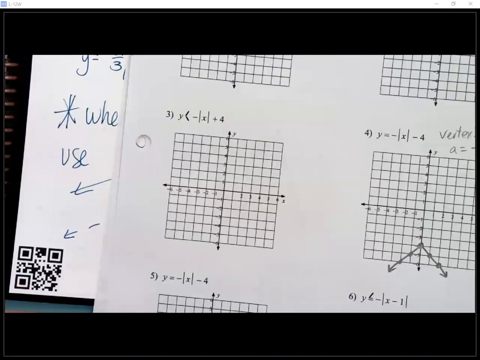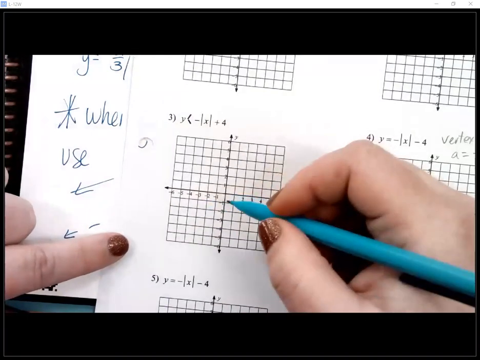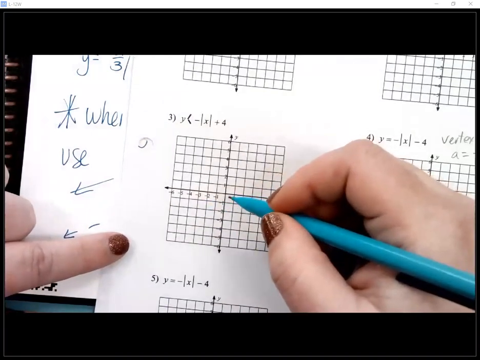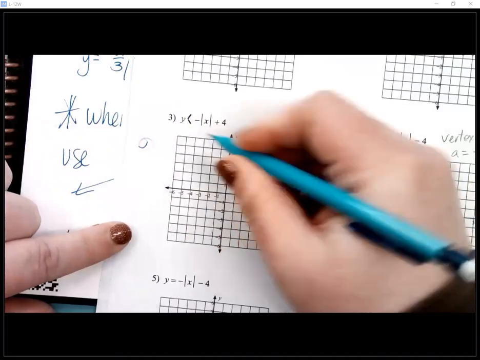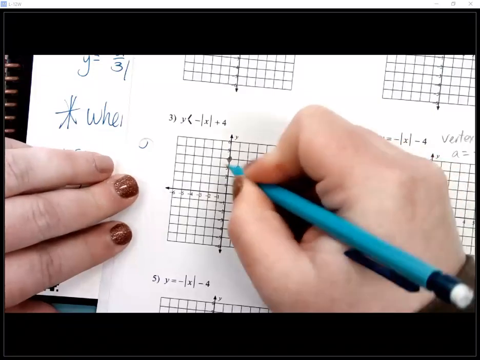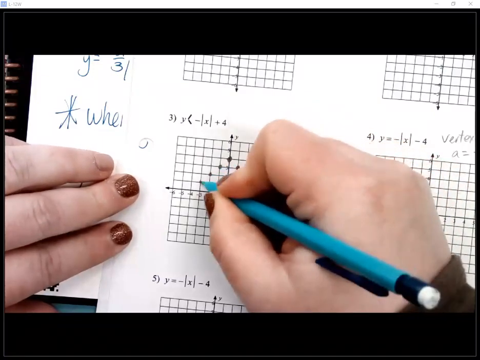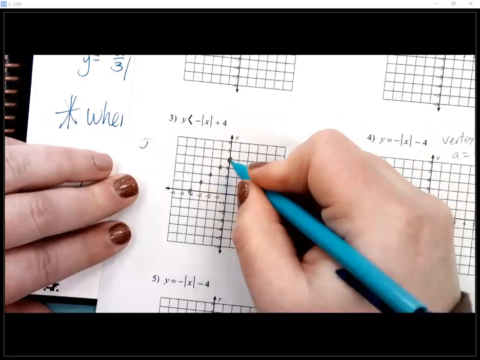Okay, vertex is at 0, 4, which is correct. Slope is a -1, so this one's just going to be upside down. And tell me, am I connecting these dots with a solid or a dotted line? Dotted. I do not have that bar again, so dotted.